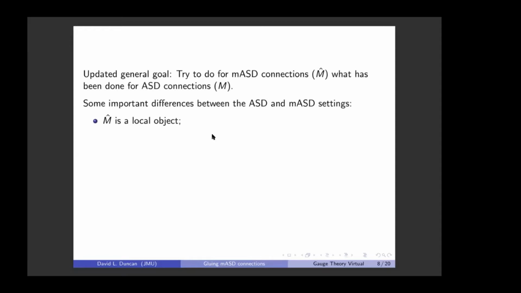So that is particularly important when you do things like compactness, which I'm not going to talk much about today, but that would become really important there. Another important difference is the operator for the mASD space. This is generally not gauge invariant or gauge equivariant. And you can see that in this J function.